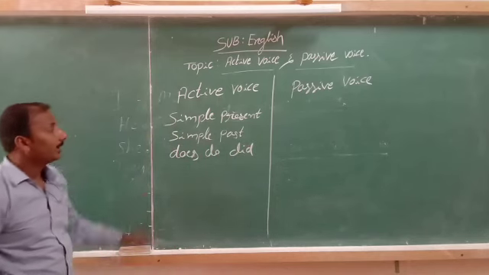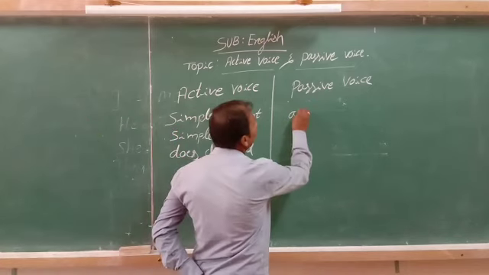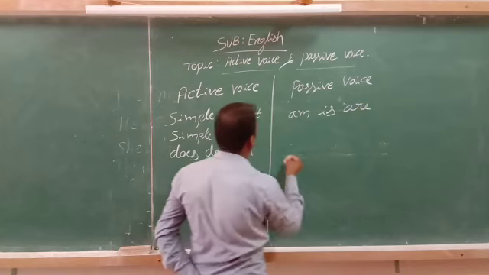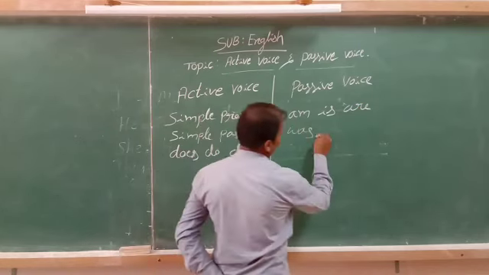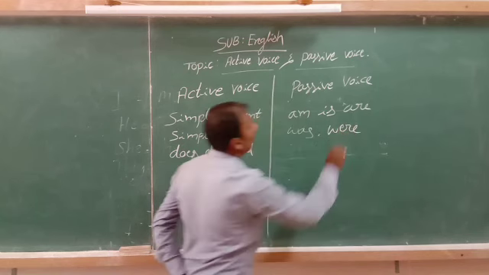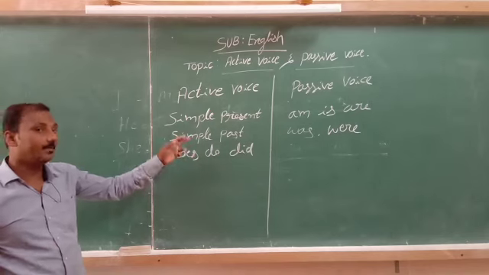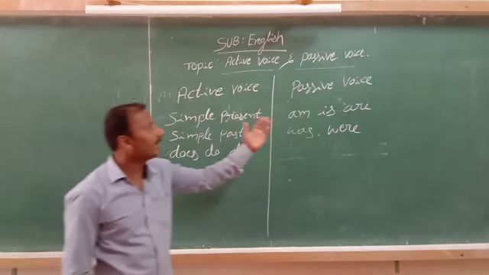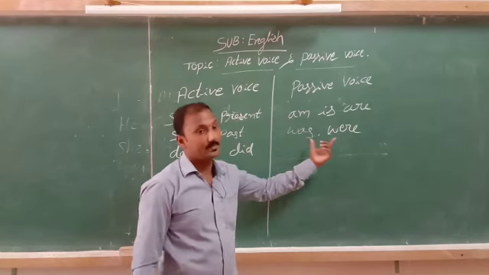These kinds of sentences take the helping verbs am, is, or was, were. In the simple present and simple past tense, you already know that there are no helping verbs in these two sentences, and that's why we use am, is, or was, were as the helping verb.